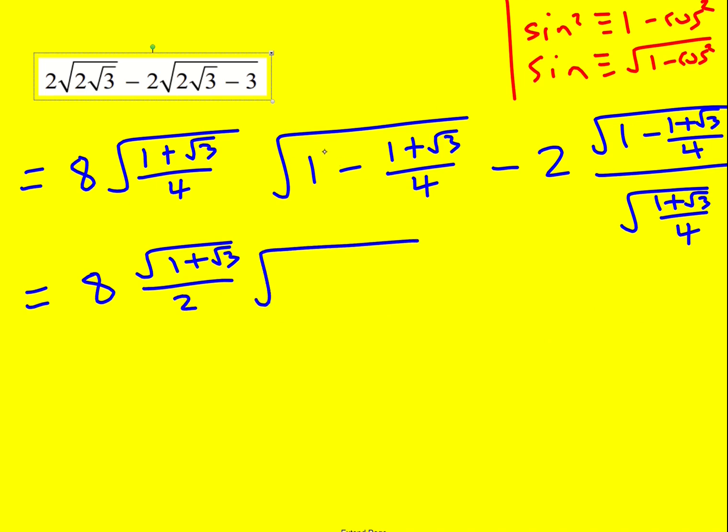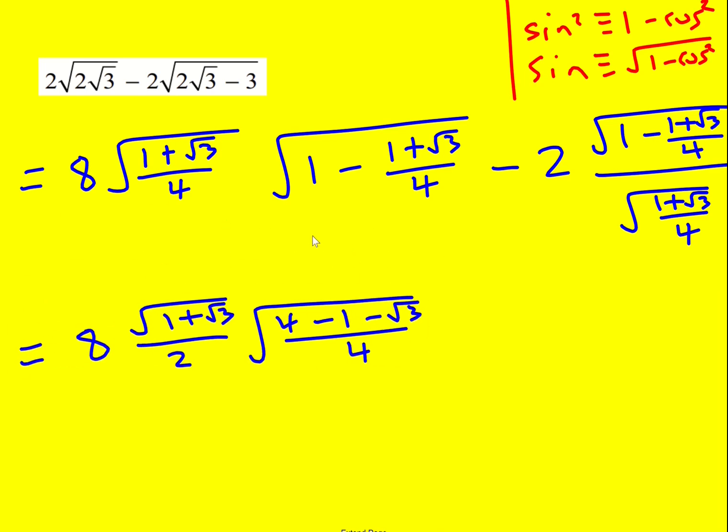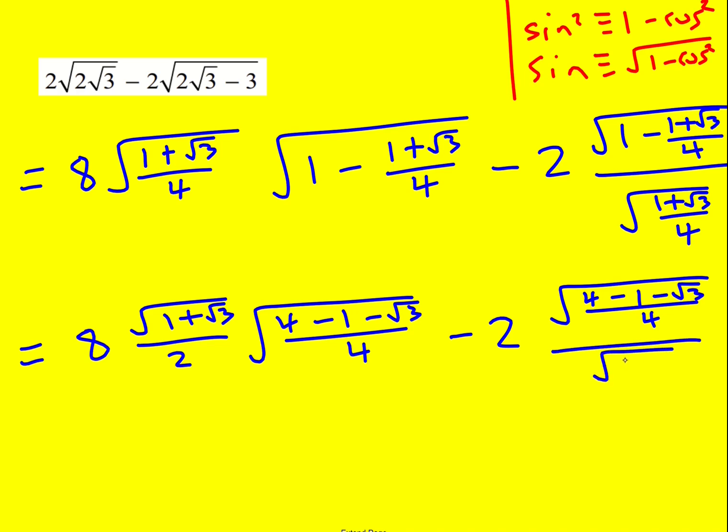Here it's going to be 4 minus 1 minus root 3 over 4 when I put it over a common denominator. And then the same over here, minus 2 lots of 4 minus 1 minus root 3 over 4 all over 1 plus root 3 over 2.